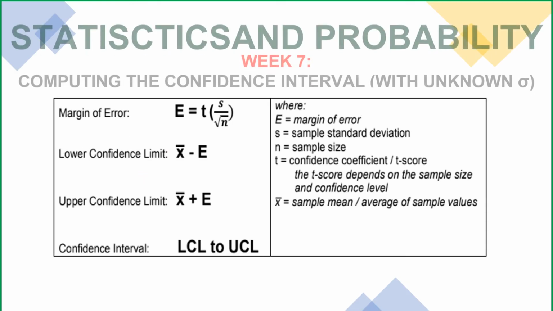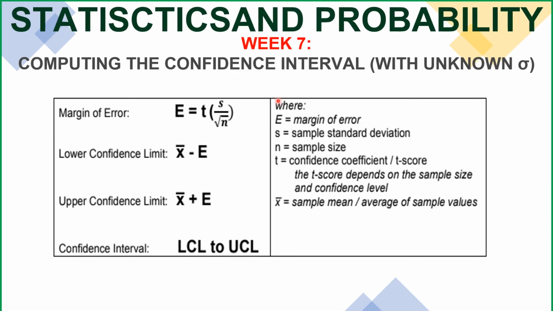So, kung kanina, kinompute natin yung confidence interval with known sigma, ngayon naman, kukompute naman natin yung confidence interval with unknown sigma. So, tandaan lang natin yung formula. Halos wala naman silang pinagbago para sa margin of error natin.